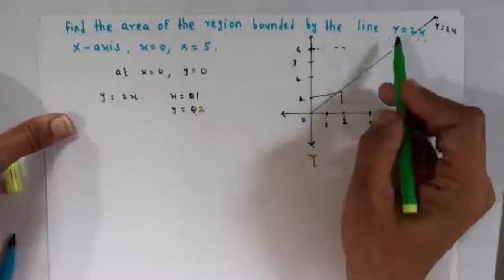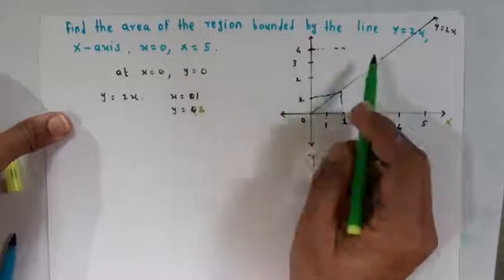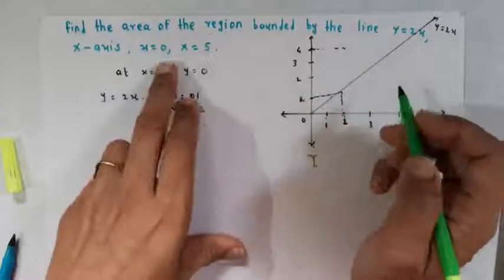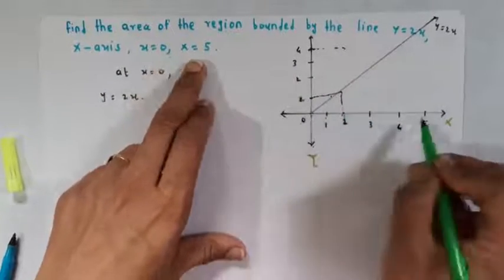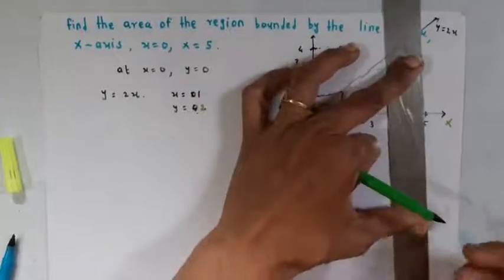Now we have to find out the area bounded by the line y equal to 2x, from x equal to 0 to x equal to 5. Means up to this we have to find out the area.